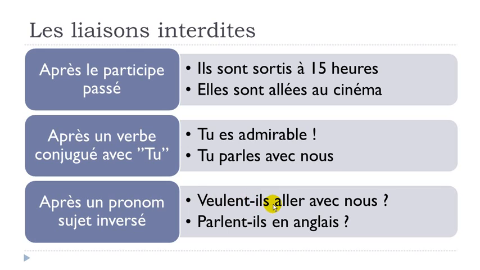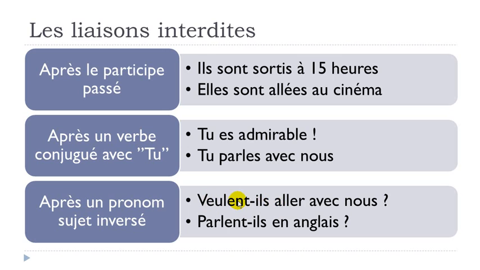And then, if you've got something after, like here, aller avec nous, it could be possible to make a liaison if you think about that. We've got an S here, and then we've got a vowel after. But then the rule goes like that. If you've got this structure, in which your pronoun is coming after your verb because it's a question, then you don't make the liaison.